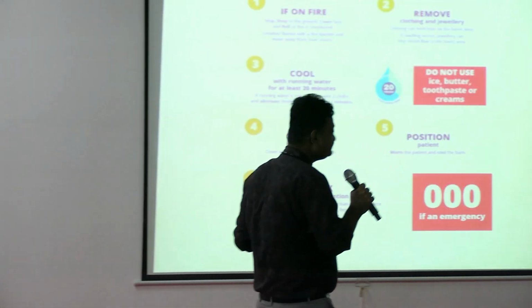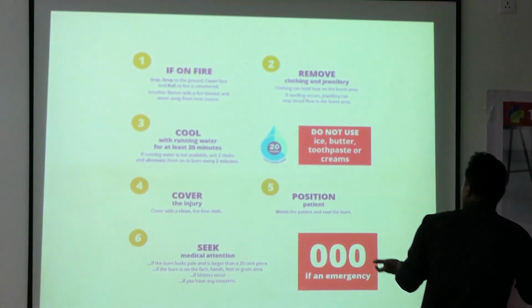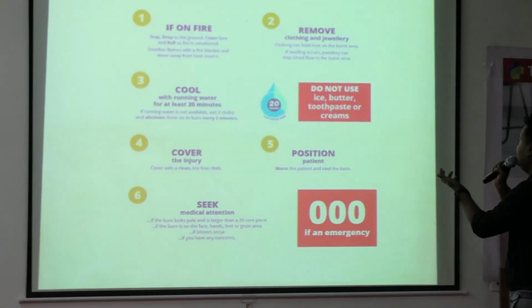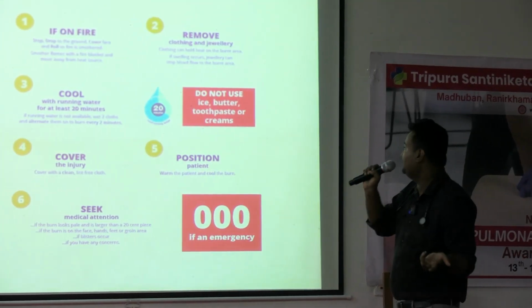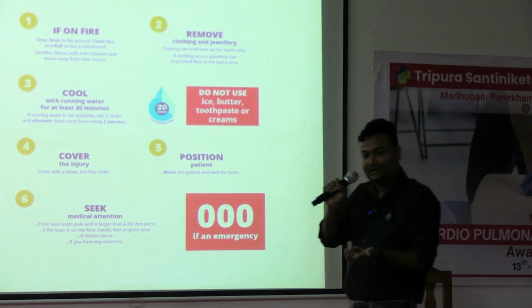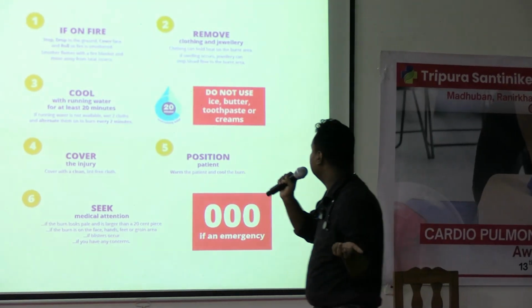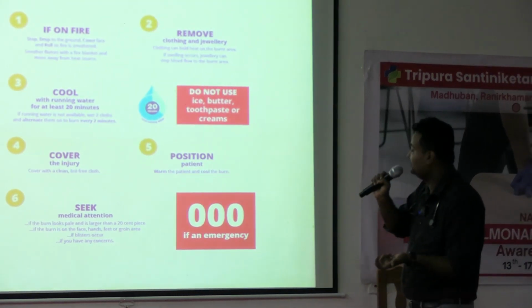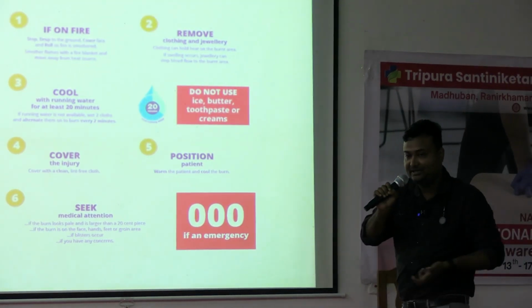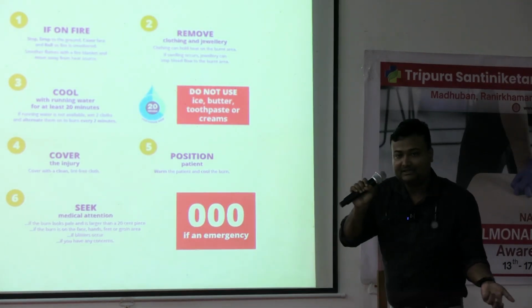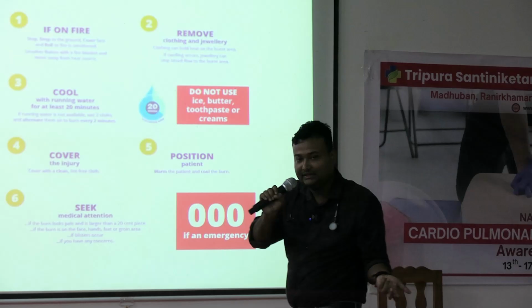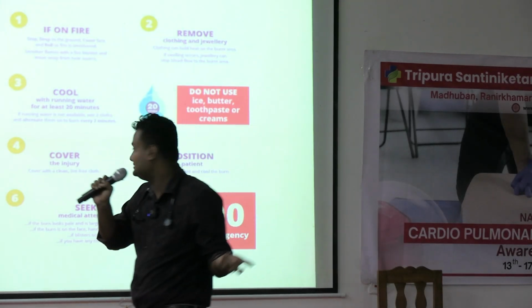Okay. These are just pictorial representations. If on fire, first you have to ensure the safety of the scene. Then you have to reduce further burning. You have to remove the affected part's clothing, any jewelry, any metals.